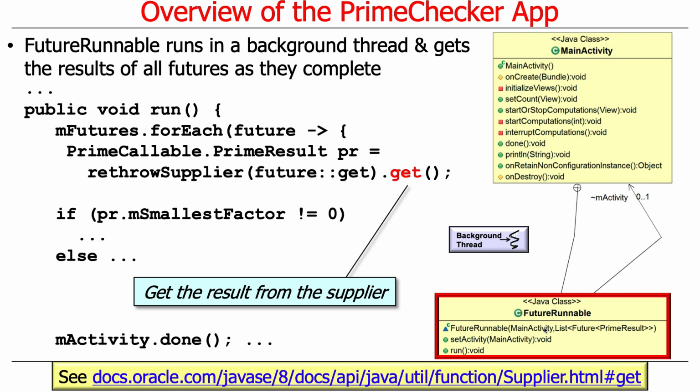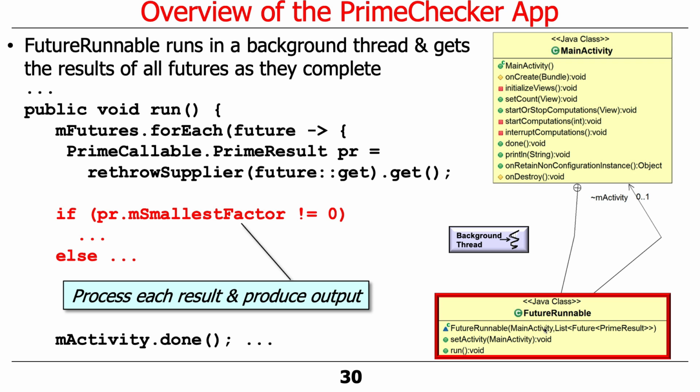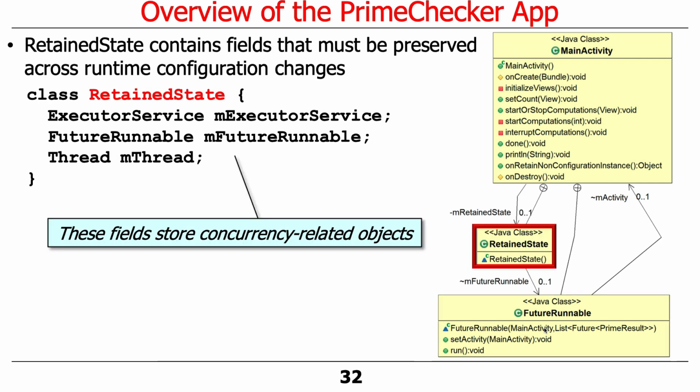After the future returns, we can get the result here, and that will give us the prime callable, prime result, and then we can check to see whether or not it was a prime number or not. If the smallest factor is 0, it's a prime number. If the smallest factor is non-zero, then it's not a prime number and we have a factor. And then we'll go ahead and display the results through the activity. Okay, so when we're all done processing this entire loop, then we can go ahead and tell everybody we're finished.